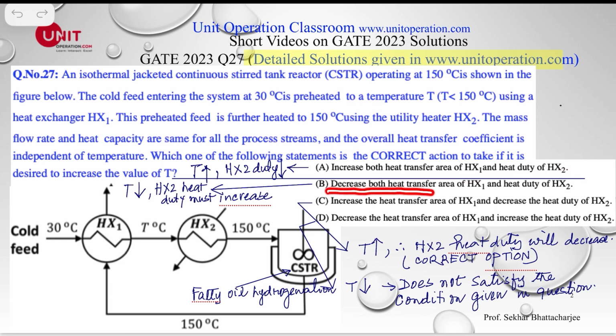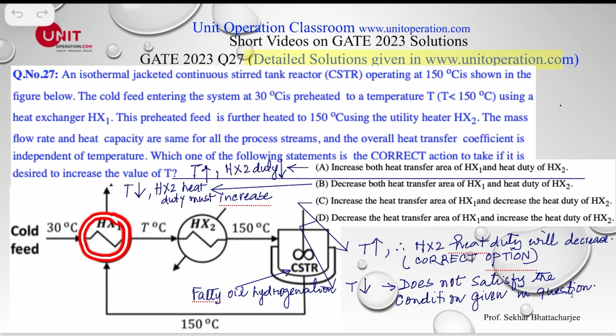B is decrease both heat transfer area of HX1 and heat duty of HX2. First of all, if we decrease the heat transfer area of HX1, this temperature will decrease. But our purpose is to increase the value of T. So this option is also not true. C: increase the heat transfer area of HX1.